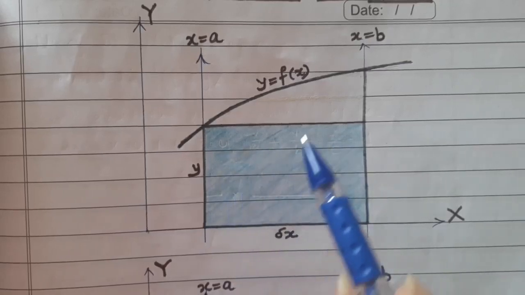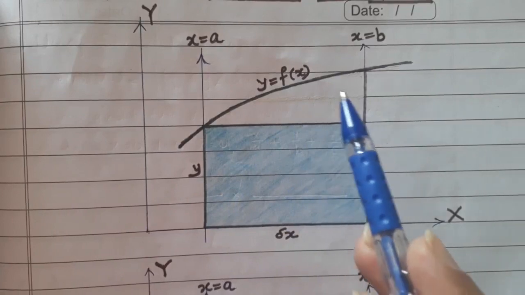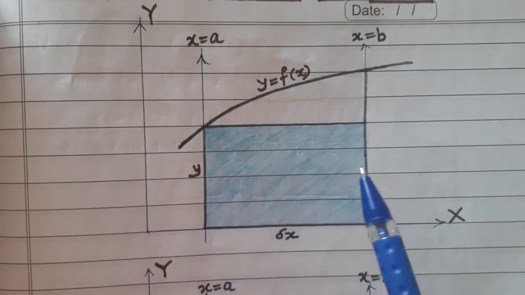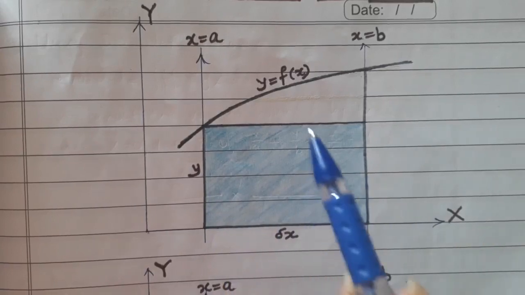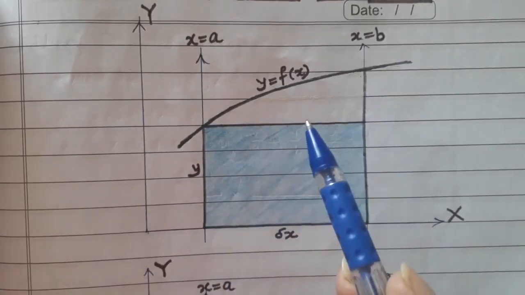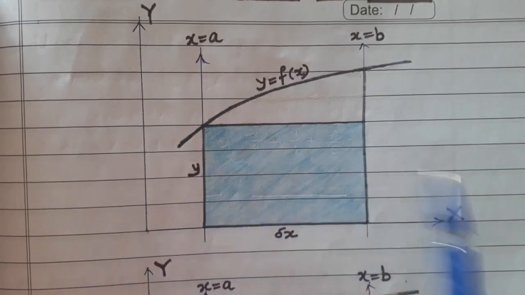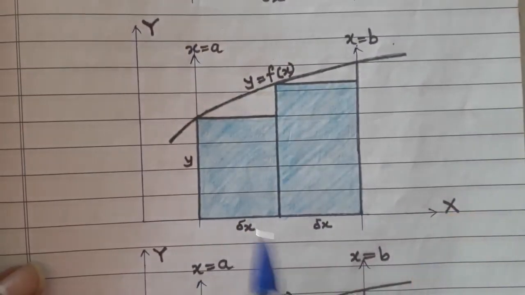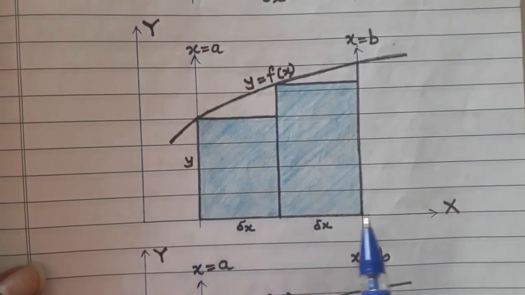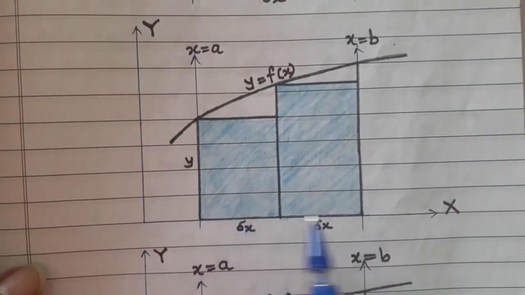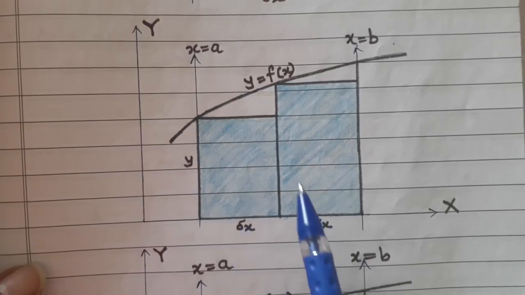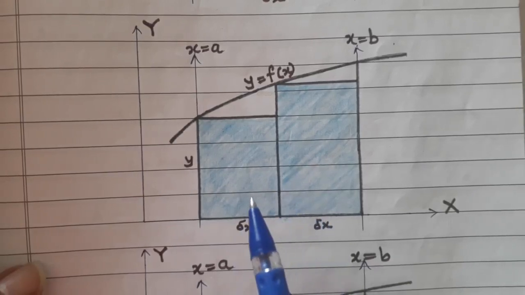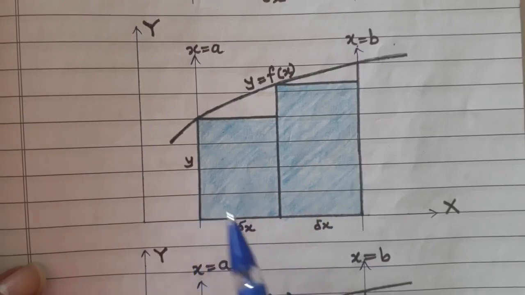But here this much is the error when we calculate the total area between x equal to a and x equal to b, above the x-axis and below y equal to f of x. Instead, if I divide the line segment from x equal to a to x equal to b into two equal parts and find the maximum possible two rectangles, then I get y into delta x for each.